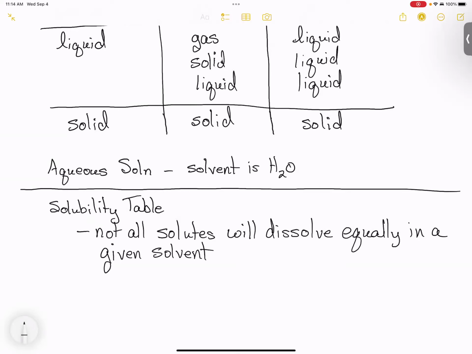While sodium chloride dissolves in water, lead chloride, or lead 2 chloride, does not, to any appreciable amount. Grease does not dissolve in water. That's why we add a soap to it, in order to get the grease and the water to combine. So not everything dissolves equally in a given solvent.